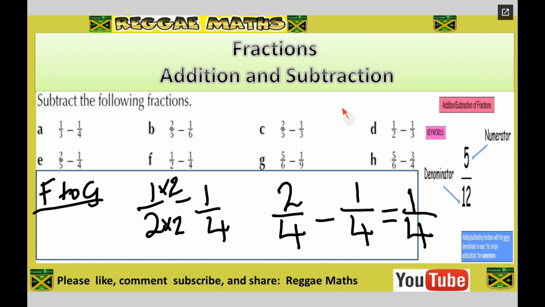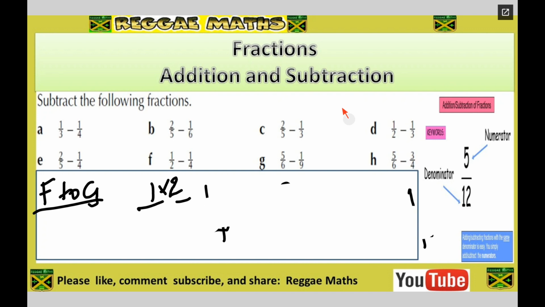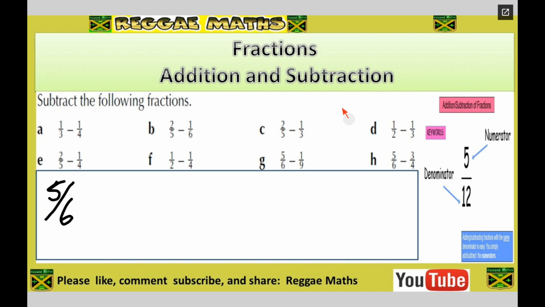Okay, next, I'm going to have a go at G. So you got 5 over 6 minus 1 over 9.